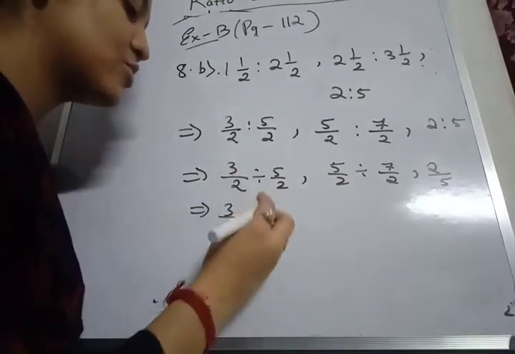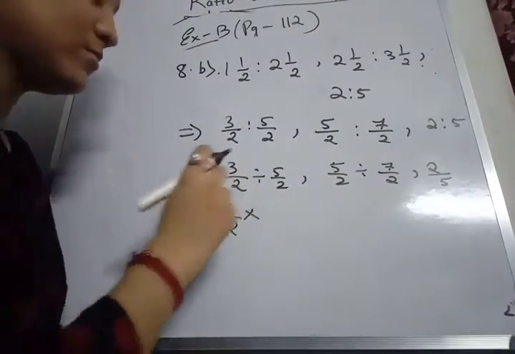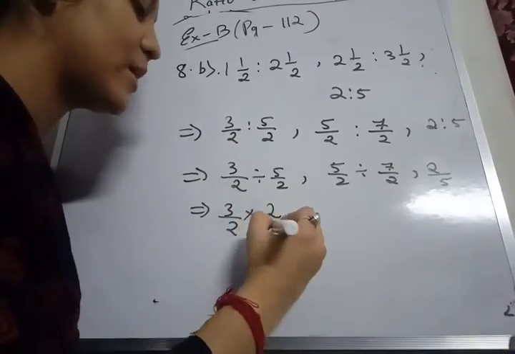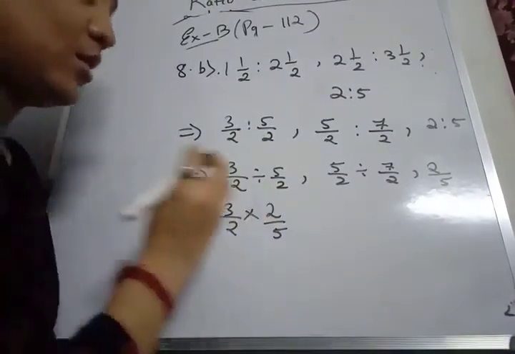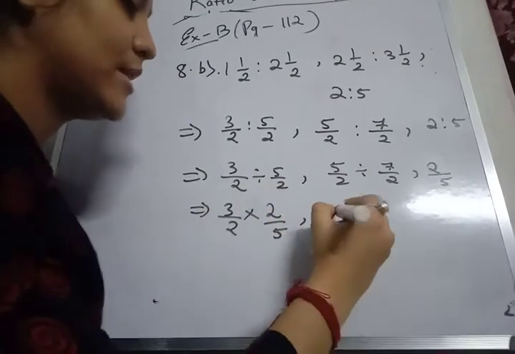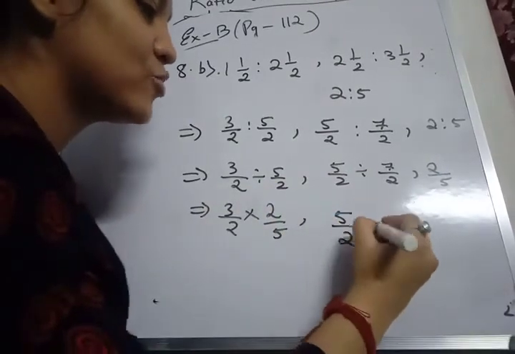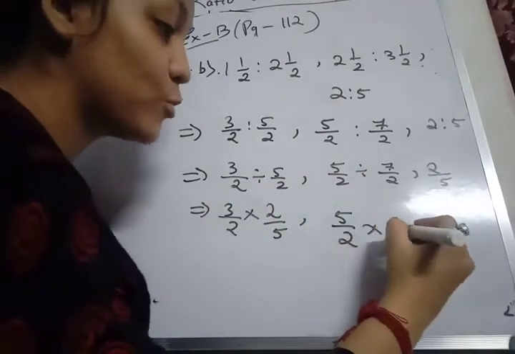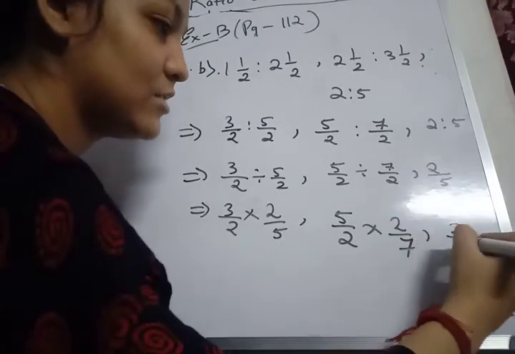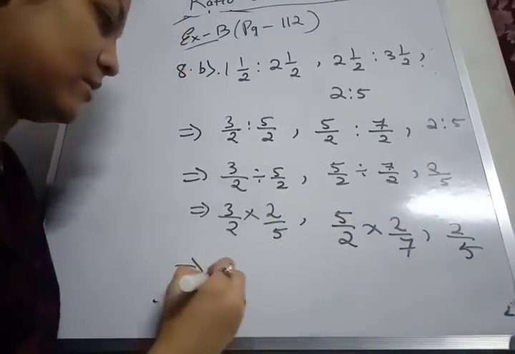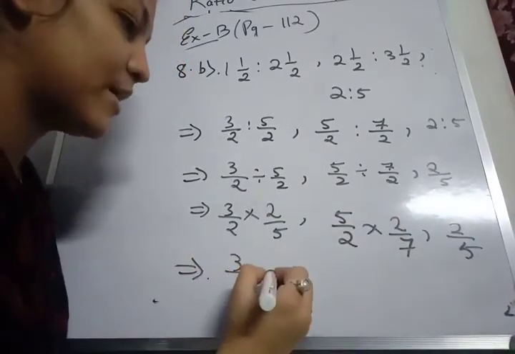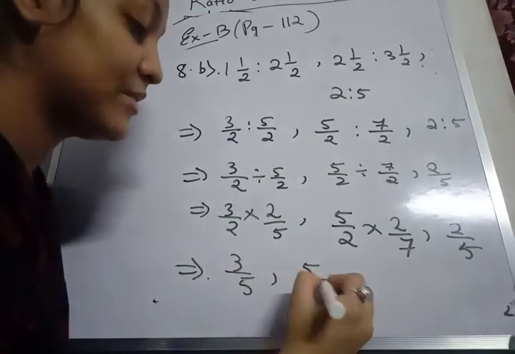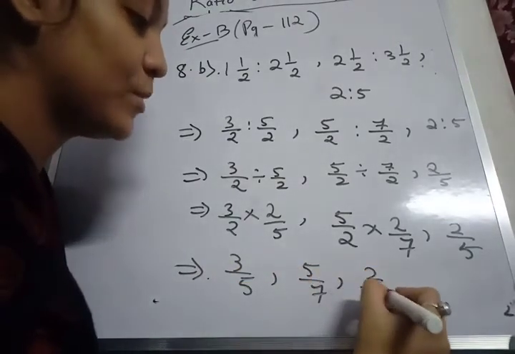When I change the division to multiplication, it will be 3 by 5. Then 5 by 2, if I change to multiplication, it will be 5 by 7. And this we have 2 by 5. So what do I get? I get 3 by 5, I get 5 by 7, I get 2 by 5.